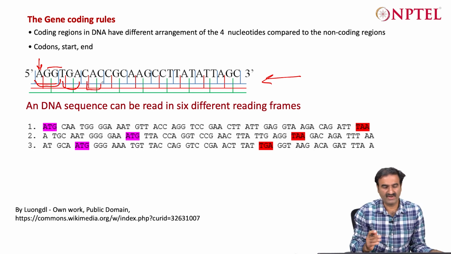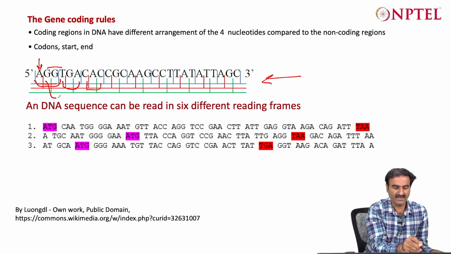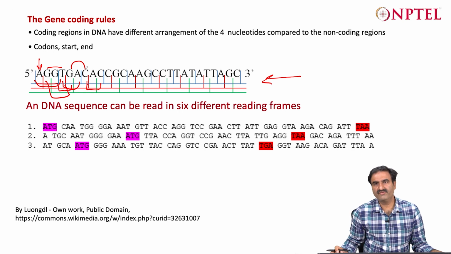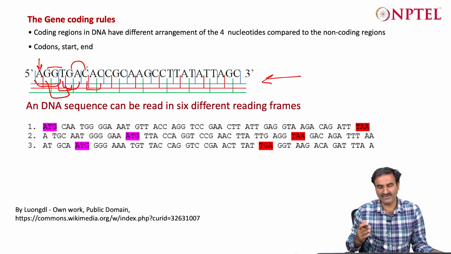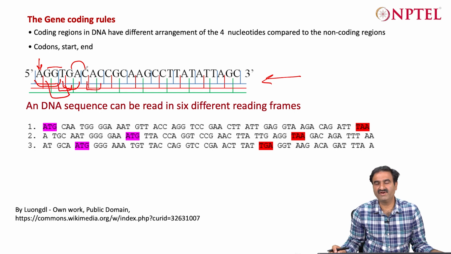If I shift by one base pair, I can start reading by GGT, GTG, GAC, and like that. This way I can read a DNA in 3 different, consecutive reading frames, and in all 3 reading frames I will get different information, and that is why DNA is so informative.